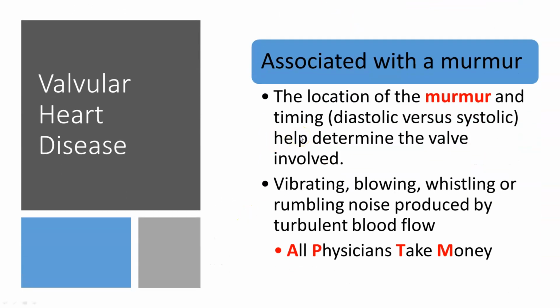We do associate a murmur with our valvular diseases, and a murmur is just a vibrating, blowing, whistling, or rumbling noise. So you have changes to the structure of your heart valve, and that's going to cause turbulent blood flow. It's like when you put your hand underneath the faucet: before you put your hand there, the water was flowing freely, making the same sound.